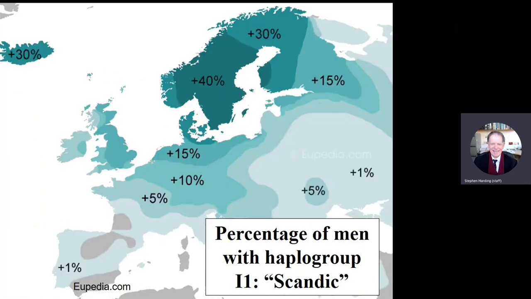Then there's the so-called Scandic type, I1, which seems to have arisen from central Scandinavia, where 40% of men have this haplogroup. As you go away, it gets less and less. So you can see where this is leading.